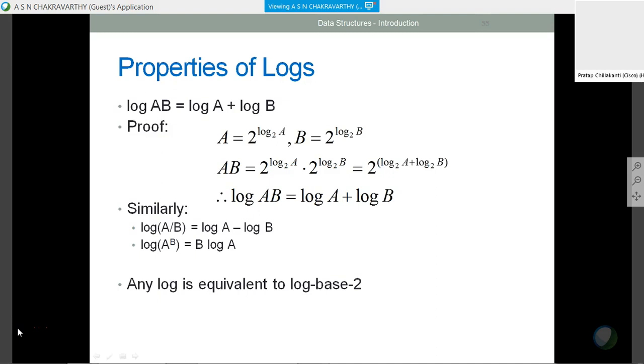Similarly, log A over B is log A minus log B, and log A raised to B is B log A. And when we talk about logs as computer scientists, as you know, we talk about logs to base 2. If you have forgotten logarithms, you may want to review that on your own. Go to the next slide, Andy.